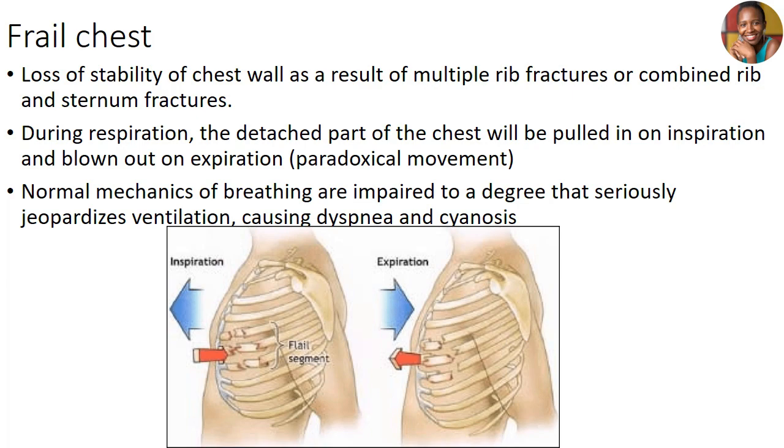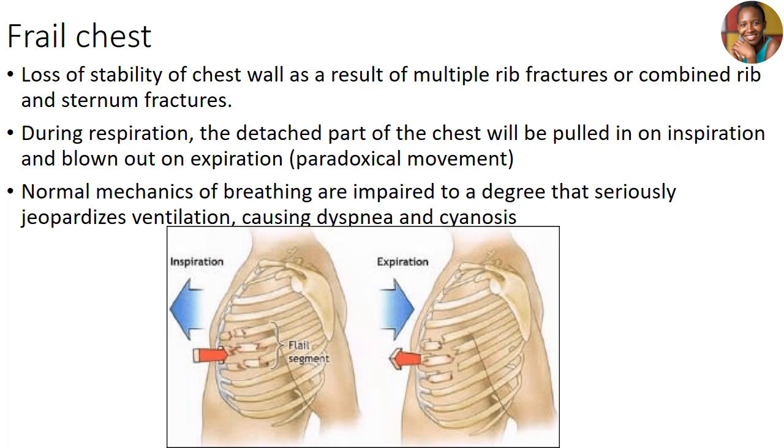So if you're observing our chest here, we have a flail chest which is due to rib fractures. Our patient is breathing in, but we know during breathing in, the normal movement is for the chest to move outward, like what I'm showing there. But in the flail chest, the movement tends to go in the opposite direction. So if you're observing the red pointer here, the chest is moving inwardly, which is not correct.